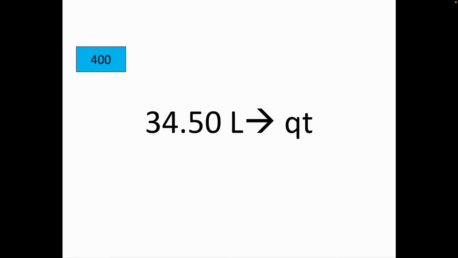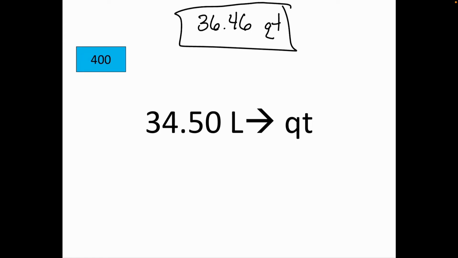So this is 36.46 quarts. Okay? So what's going to make this one tricky is there's no direct liter to quarts conversion on this page here. There's nothing that will take me directly from liters to quarts. So instead I'm going to have to find a path. And that path is going to be to go from liters first to gallons and then from gallons to quarts.